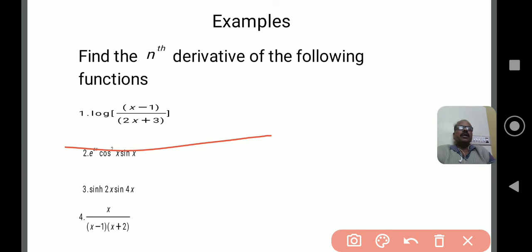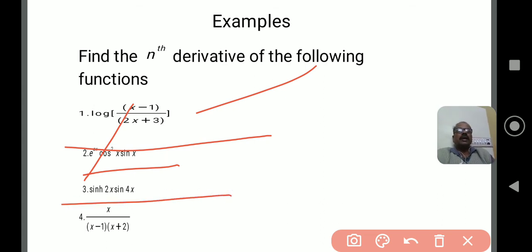It is of the type log a by b, which can be written as log a minus log b, then directly apply the results. The second one is e power 2x into cos square x into sin x. We should remember e power x into sin x as one result, and cos square x is handled by using a transformation formula.